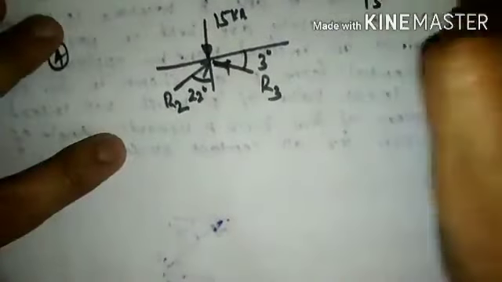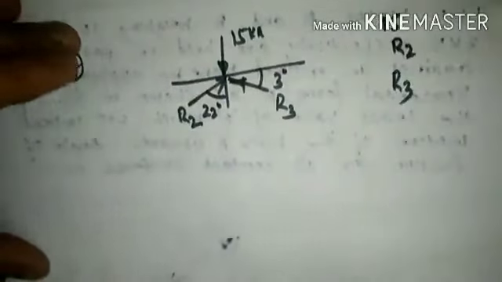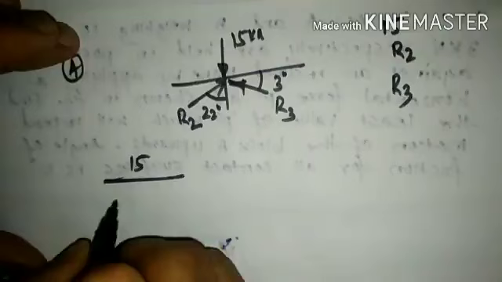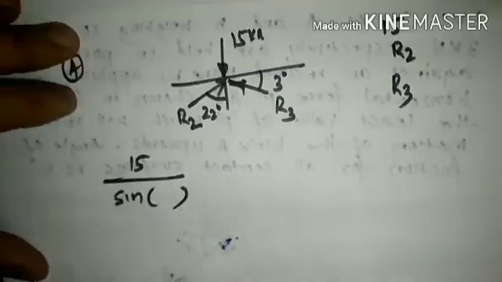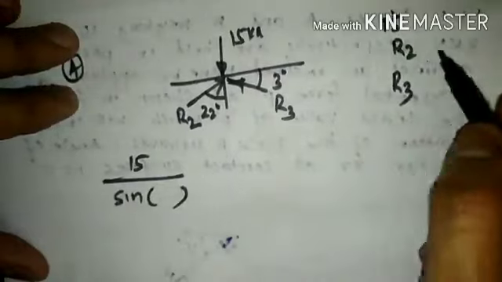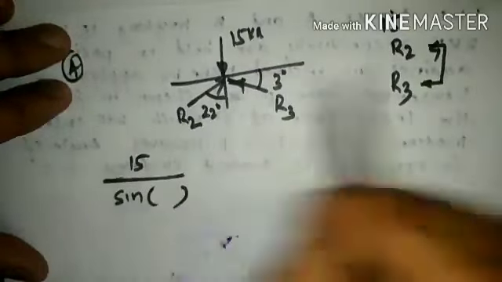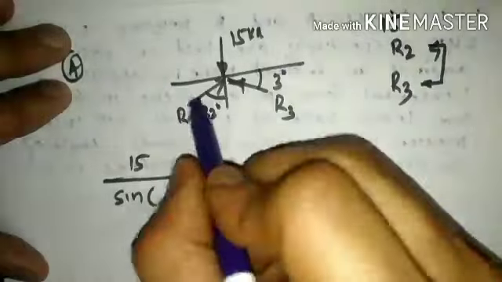To apply Lami's theorem, there are 3 forces here: 15 kilonewton, R2 and R3. If I consider the 15 kilonewton load, it shall be sine of the inclination between the other 2 forces, R2 and R3. So the inclination between R2 and R3 needs to be calculated.